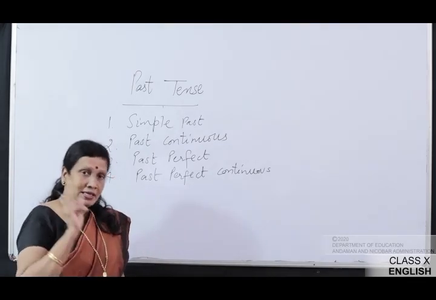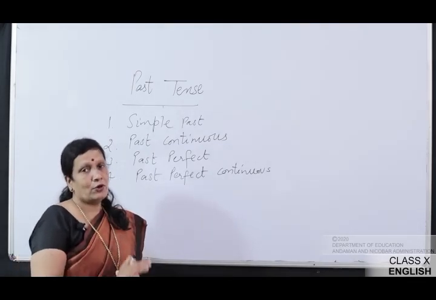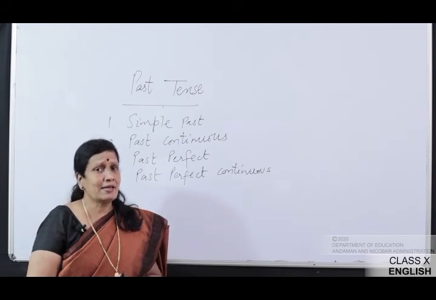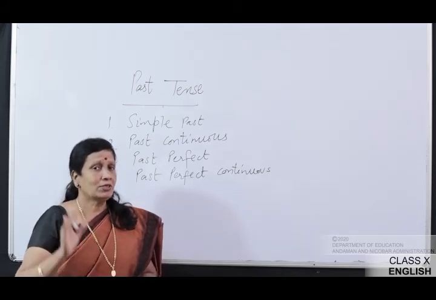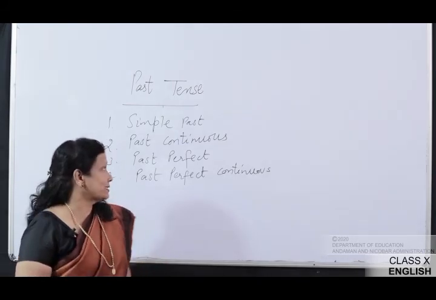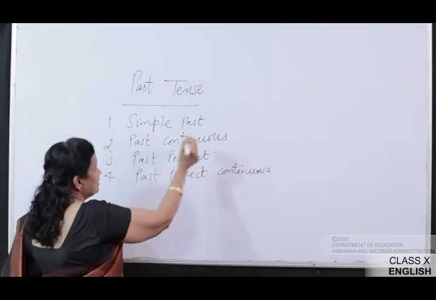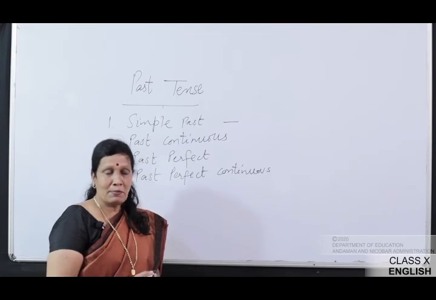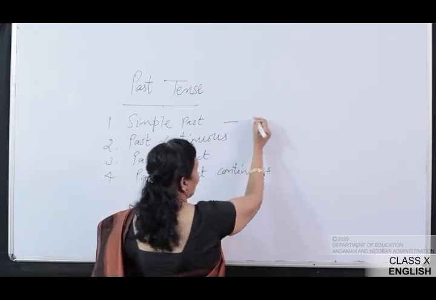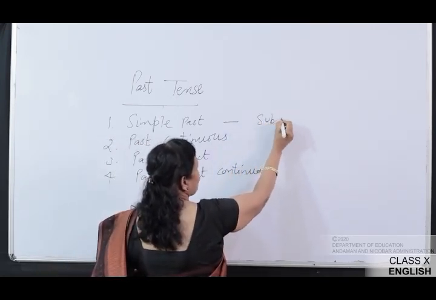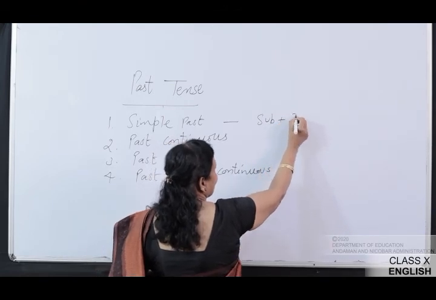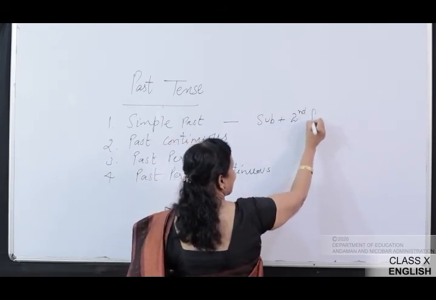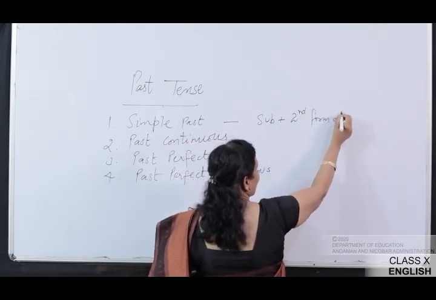But still, let us quickly look into it again and try to understand clearly about the past tense in today's class. So in the simple past tense, we know that the formula would be the subject plus the second form of the verb.